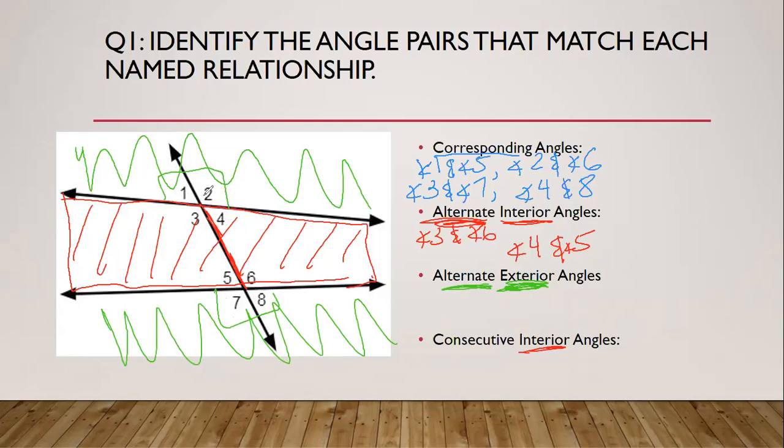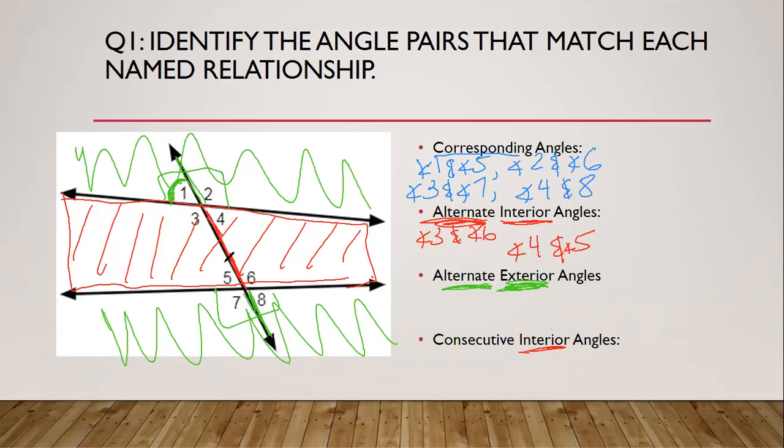Alternate still means opposite sides of the transversal, okay? So again, one angle needs to be from the top quad, one angle needs to be from the bottom quad. So if I'm looking at angle 1 here, okay, I can't look at angle 2 as its alternate exterior angle pair. I have to be looking at 7 or 8.